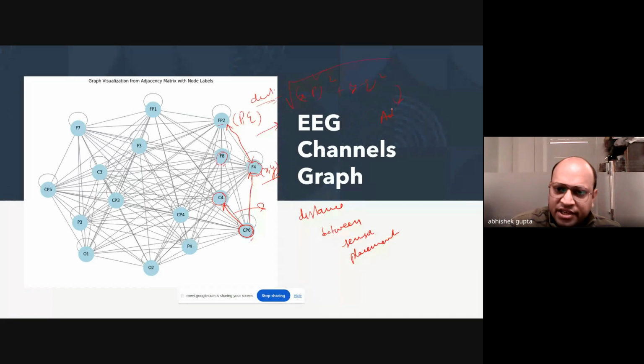and using the distance calculated between every sensor, an adjacency matrix is generated. What is an adjacency matrix? It depicts which channel is connected and how strong the connection is, in the form of a matrix. If I plot a matrix, the size of the matrix would be 16 cross 16, because the paper has selected 16 channels out of those 64.